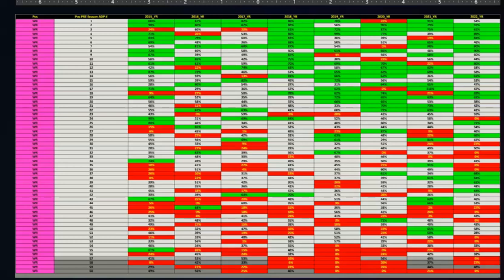So that puts it on a 0 worst to 100 best, so you can see how close or not close a performance was after the fact.